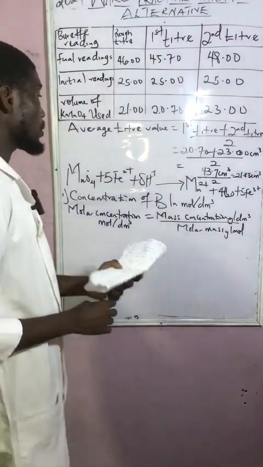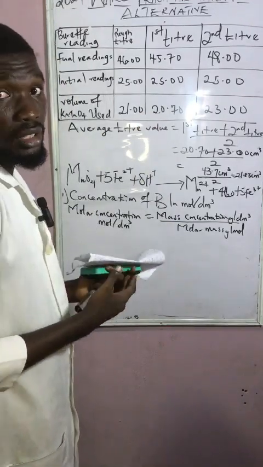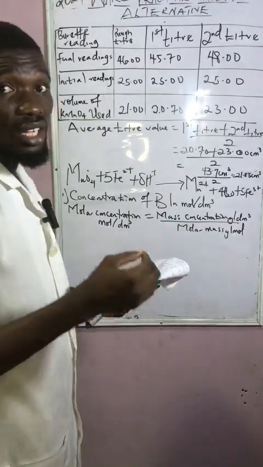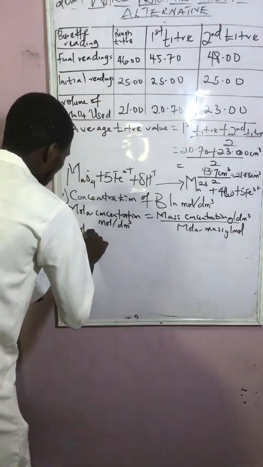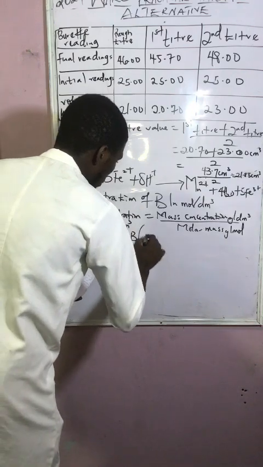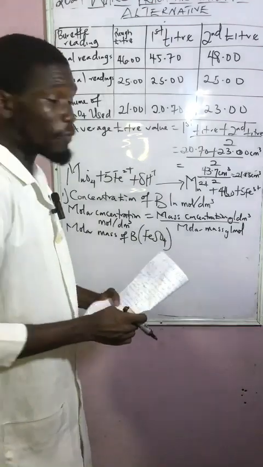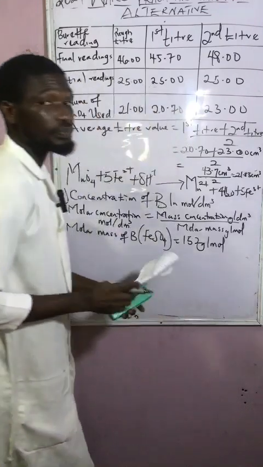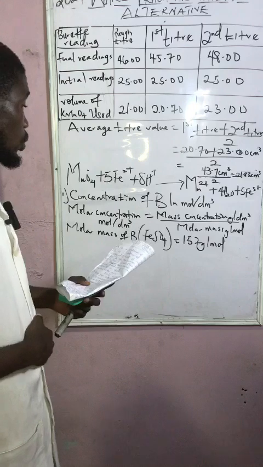And note one thing, the B from the procedure I did earlier, for those of you that are flowing with me in this video, our B is iron 2 sulfate, and with that said, the molar mass of B, that's iron 2 sulfate, is given clearly as 152 gram per mole. Please take note of this.